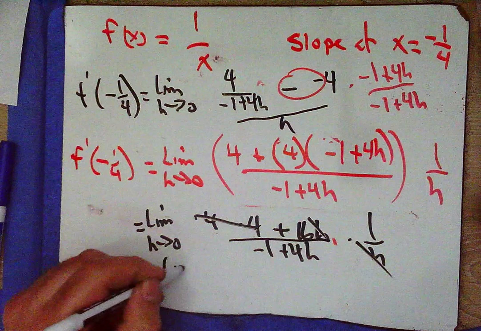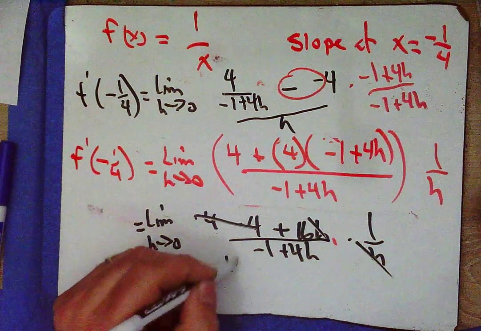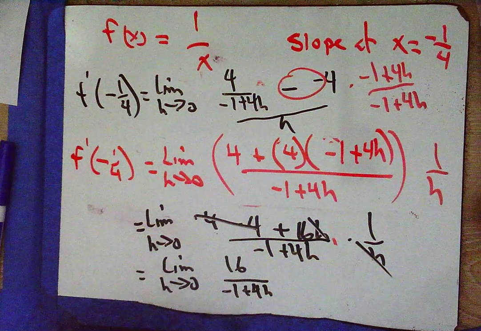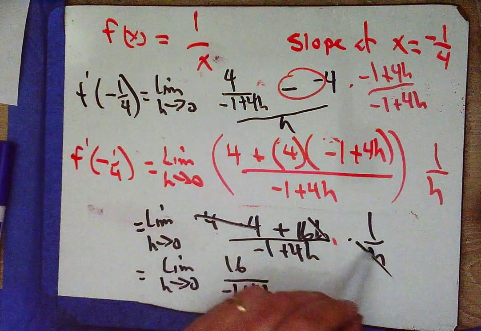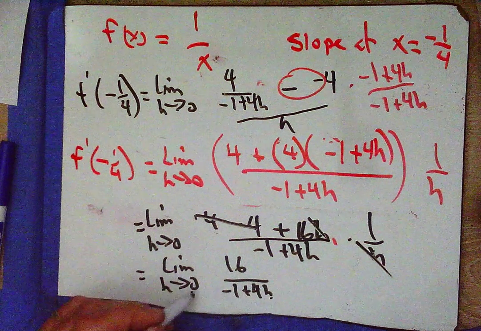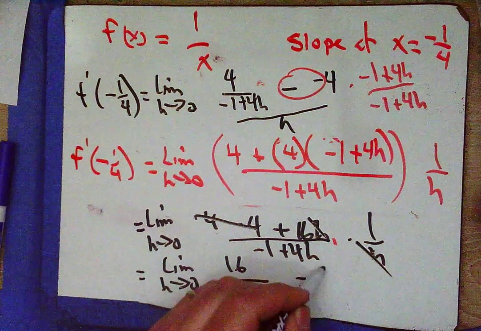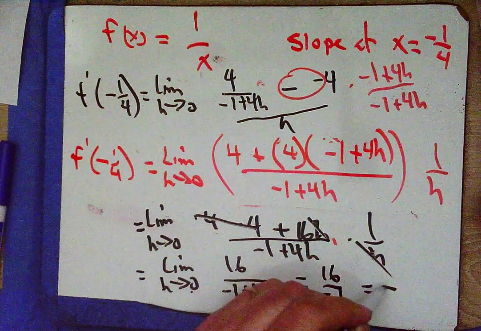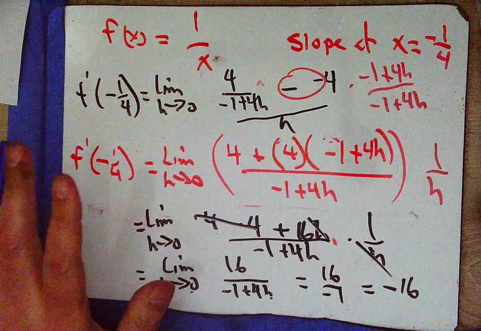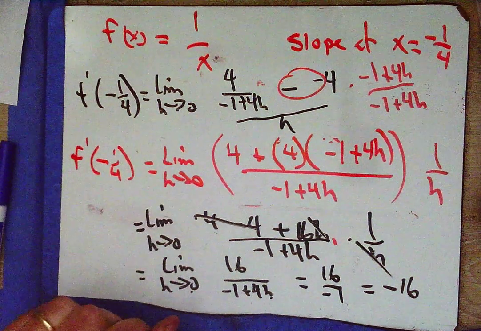So now I have the limit as h heads to 0 of 16 over negative 1 plus 4h. And it's at this point, once I've canceled out those h's, that I can plug my 0 in for h, because it says h is approaching 0, so put a 0 there. And you get 16 over negative 1, or negative 16. Ta-da!